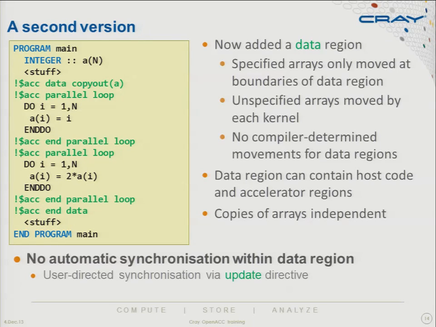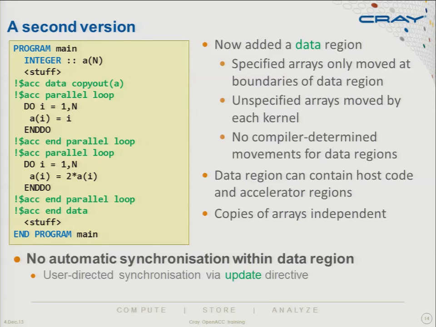From the point of view of this wider data region, array A is only used, it's initialized on the GPU, and then it's processed on the GPU, and at the end, we need to bring the values back. It's used in a write-only mode on the GPU, so we declare it to be copy out. So it's a shared array that's only copied back at the end. At the beginning, all we do is allocate space on the GPU.